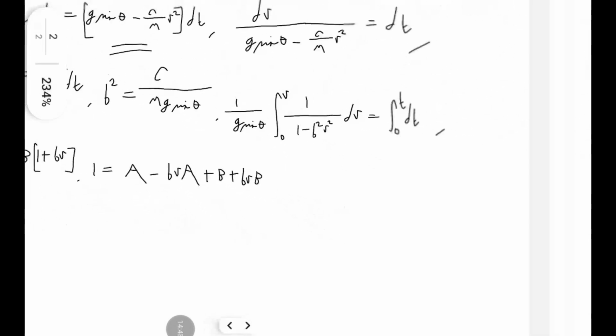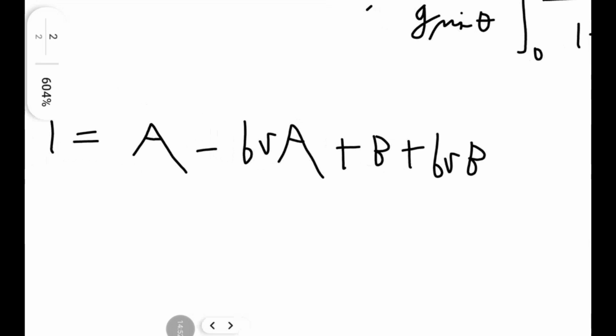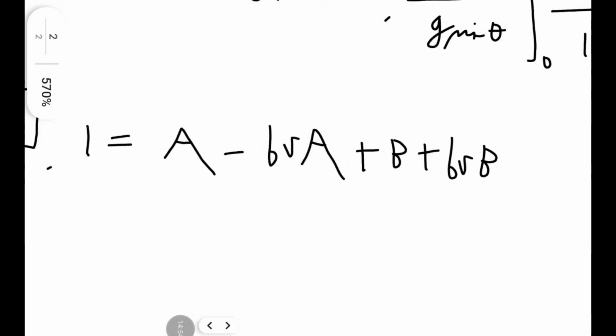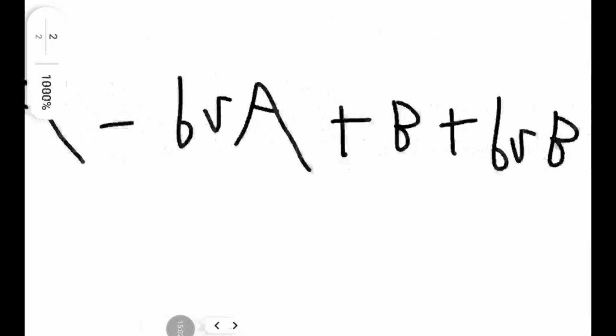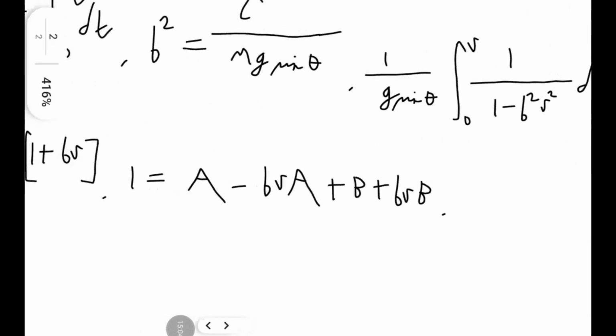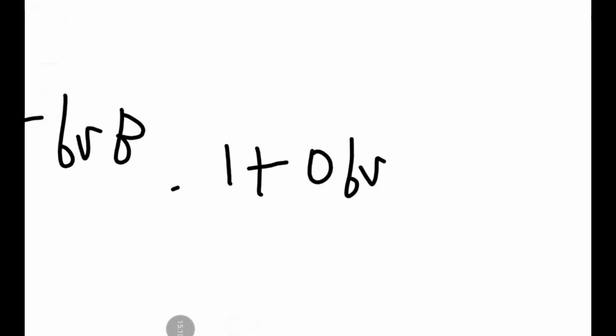And to solve this, we know when we look at this that A plus B is going to equal 1. The way of looking at it, I'll show you how I look at it, is like this: 1 plus 0bv. That's how you imagine it.